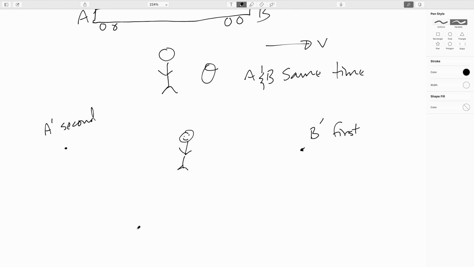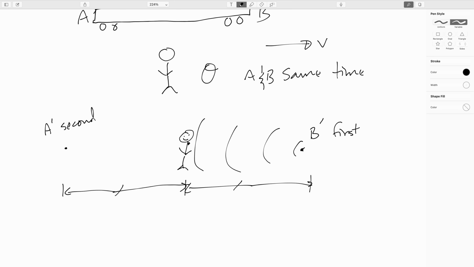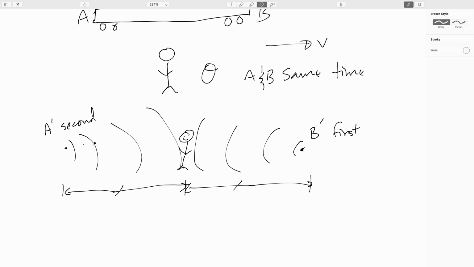And again, I am equidistant between the points. So I would conclude that the light took the same amount of time to travel from here. So I see this light flash first, and then I see this light flash later. But since I know these distances are the same, I conclude that B happened before A. B prime happened before A prime.